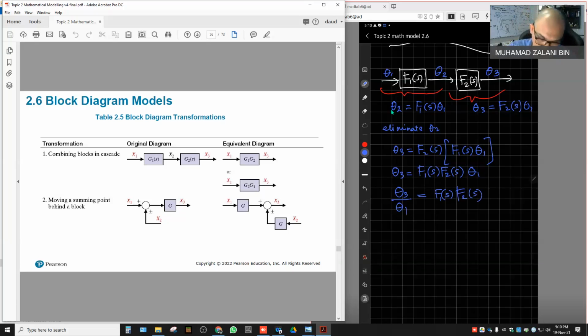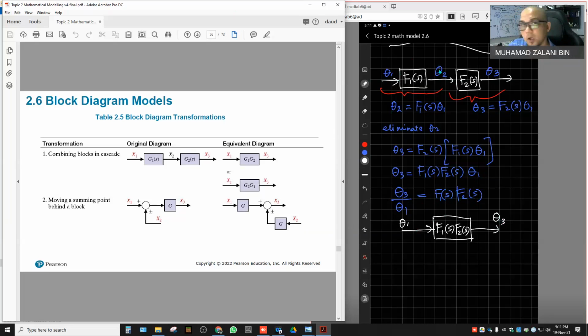So we can redraw the block: theta 3 at the output, theta 1 at the input, and inside the block is F1(s) F2(s).